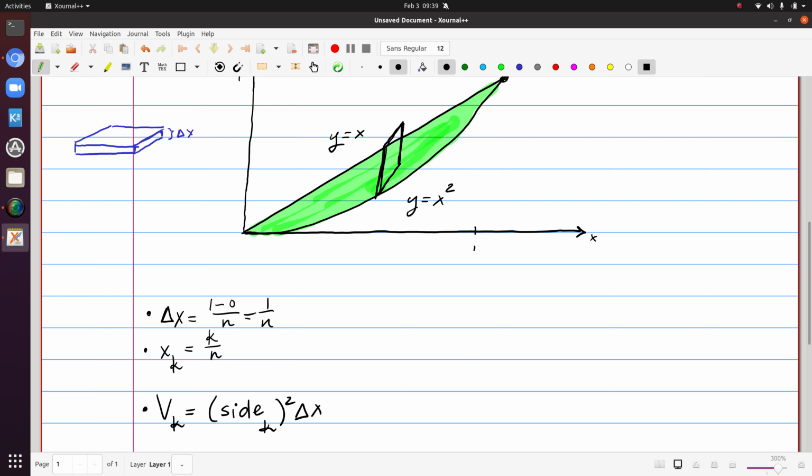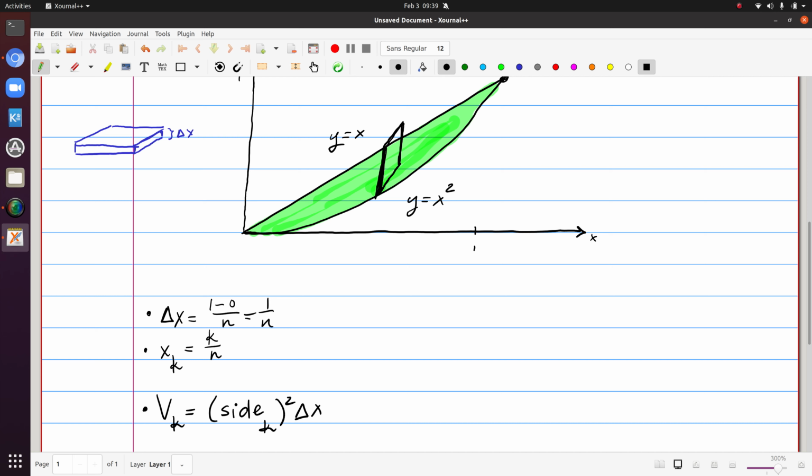Now, of course, what we have to do is determine what the side is here. The side, you'll note, is kind of this line here, completely determined by the distance between my two bounding functions.